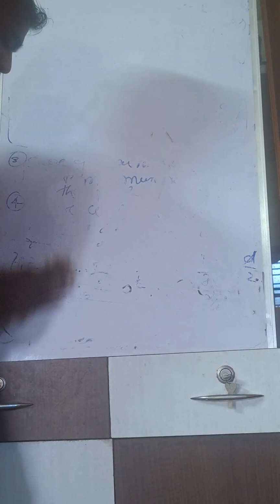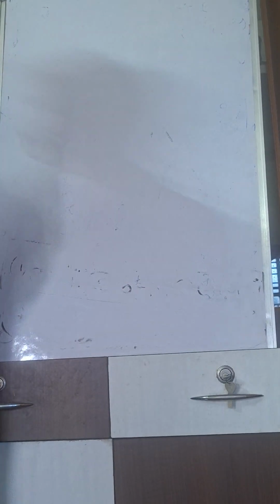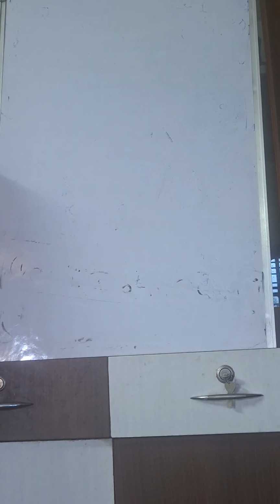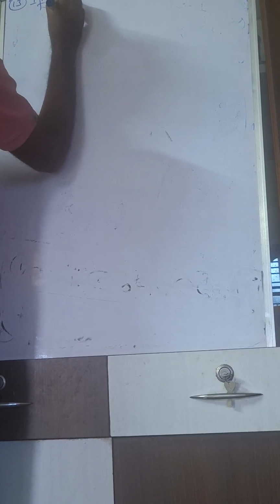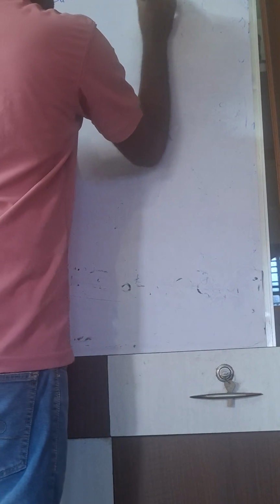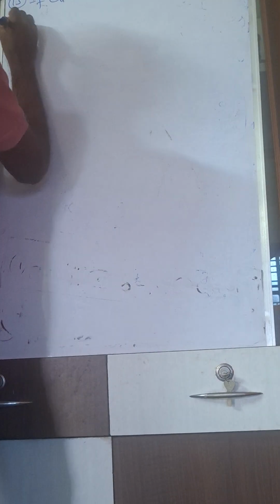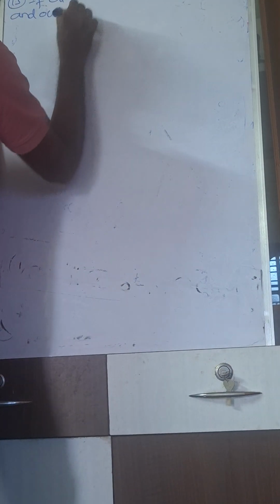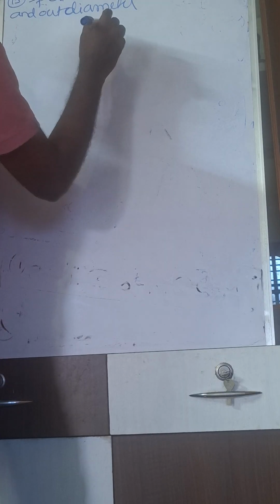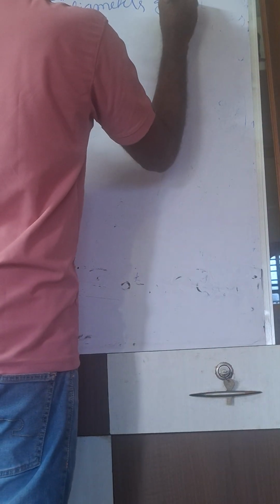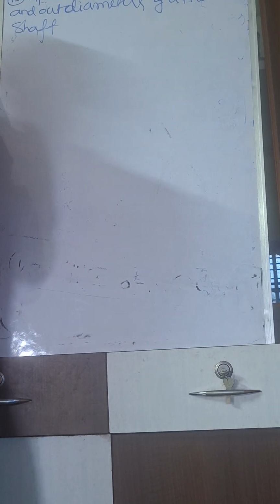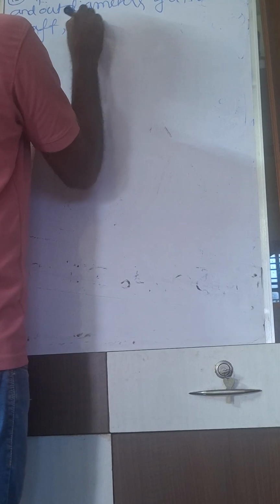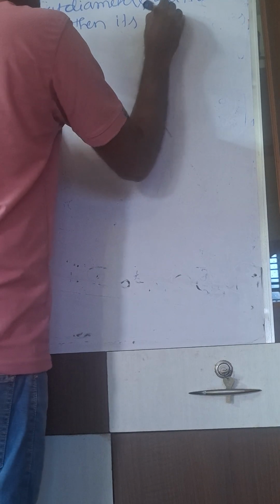Next question, the 13th question. If di and do are the inner and outer diameters of a hollow shaft, then its polar moment of inertia.